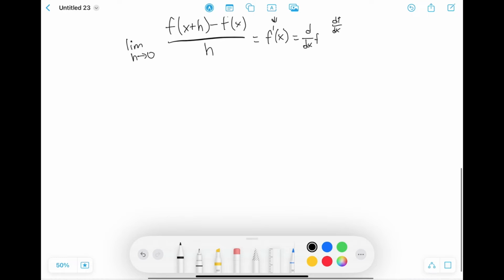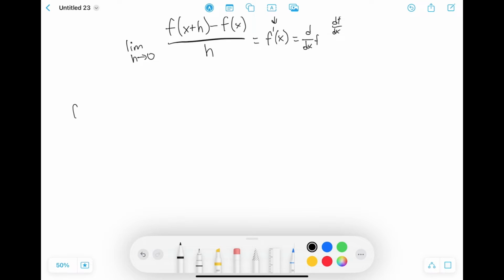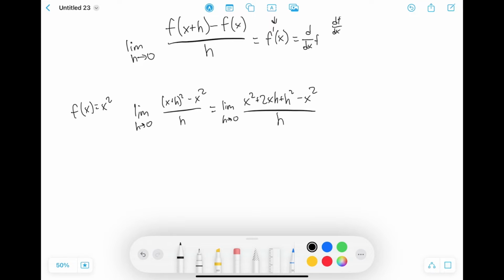So one example of how we can use this is, let's say we're trying to find the derivative function of the function f of x equals x squared. If I take our equation that we just wrote and we plug it in, we get x plus h whole squared minus x squared over h. We rewrite this as the limit as h approaches 0 of x squared plus 2xh plus h squared minus x squared, all of that over h.